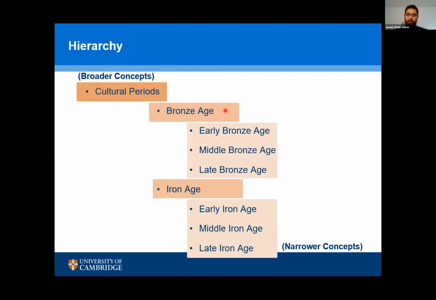So, for example, if a person is searching the database and they might not directly know whether their site is present in a late Bronze Age or a middle Bronze Age, they can search the database using only this attribute of Bronze Age. What Arches would do is that it knows that all of these narrower concepts are related to Bronze Age. So the results Arches is going to return would include the entries for all of these concepts.